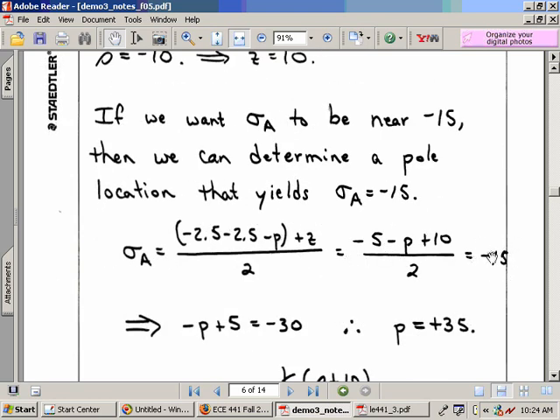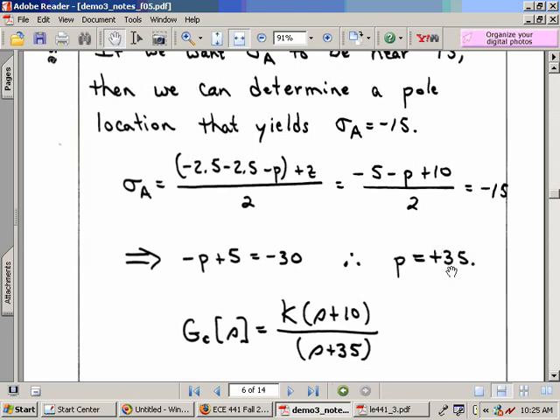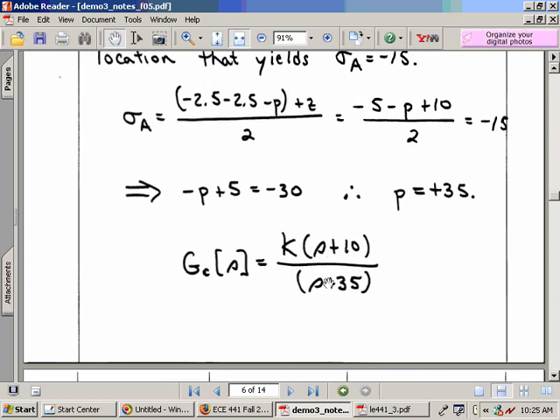If we now replace sigma sub a with -15 and z with -10, we can solve for p, and in this particular case we end up with a pole location of -35 to give us a centroid located at -15. We now have our phase lead pole and zero locations determined.